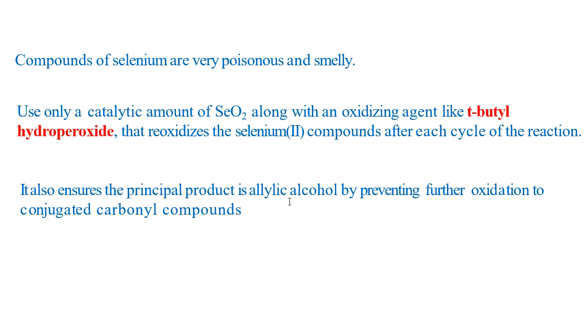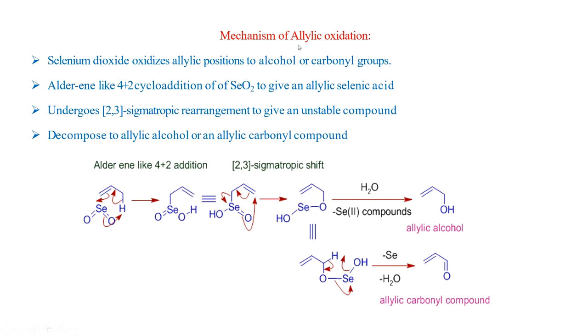Okay. Now let us consider the mechanism of allylic oxidation by selenium dioxide. What is happening during the oxidation reaction? Here the allylic position gets oxidized to alcohol or carbonyl groups. In the first step, an ene type reaction, a 4+2 cycloaddition, takes place in the system, forming an allylic selenic acid.